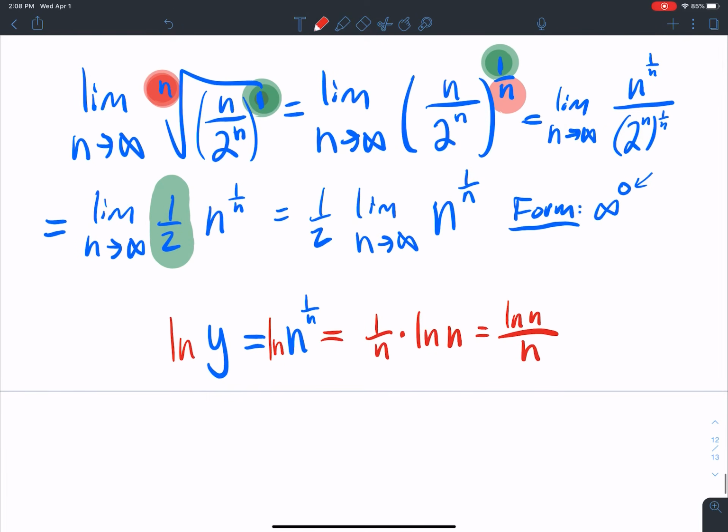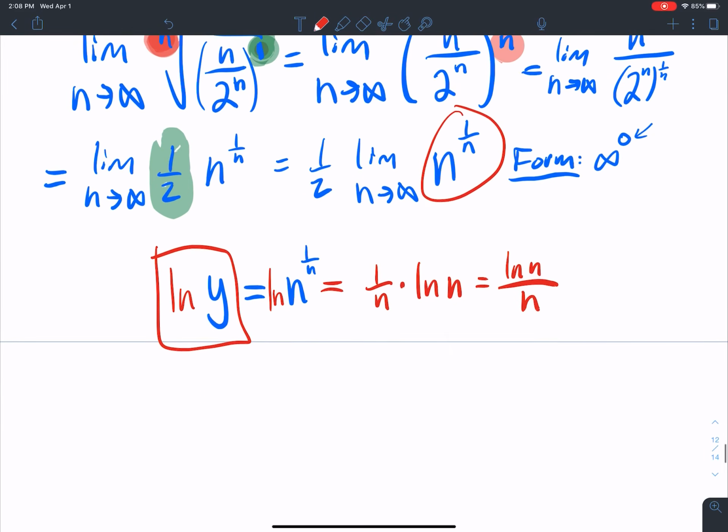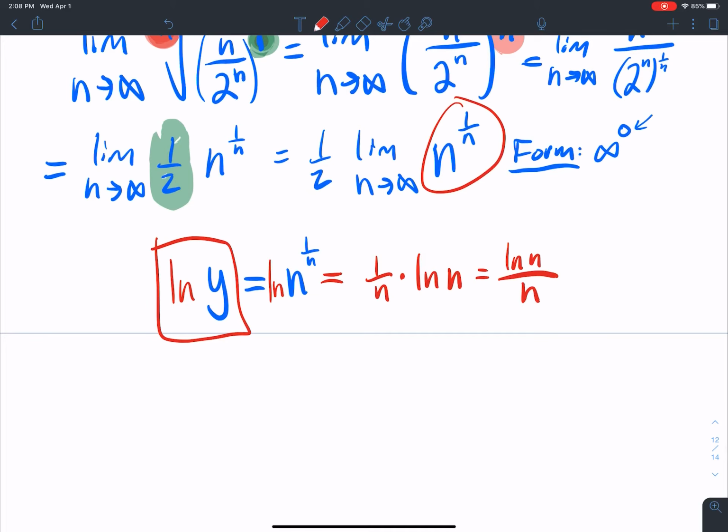Now instead of looking at the limit, I'm going to look at the natural log of the limit. And then to get back to my answer, I'll have to e it. So let's work through this. I've got the limit as n goes to infinity of ln n over n.